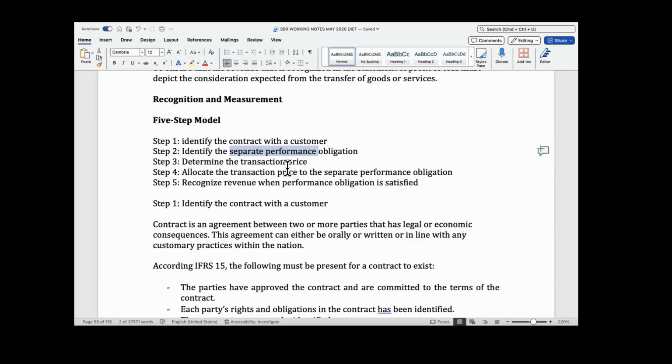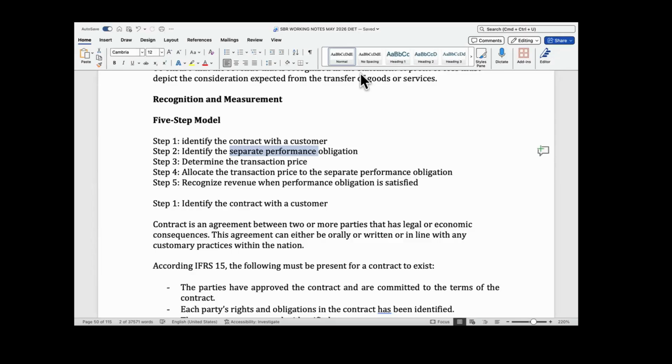But when you're recognizing revenue at a point in time, it means that you must have transferred goods or services. You must have transferred control, not just goods or services alone. In fact, the important thing there is control. You must have transferred control to the customer. Customer must have control.